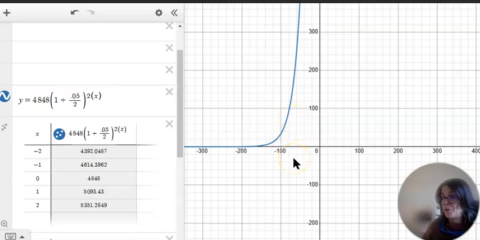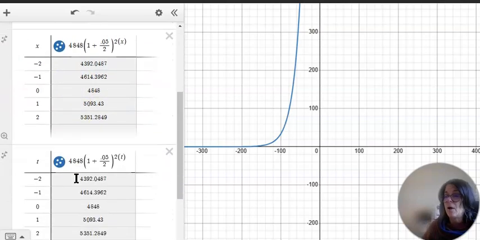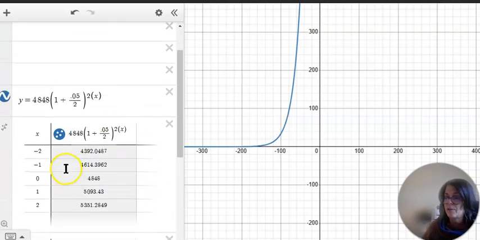Keep that in mind. If you don't see a graph, it might be because the numbers you need aren't showing on your window. So I zoomed way out, actually. And then on the table, I can see for all the different values of X, what my Y would be. So at 0 years, 4,848.